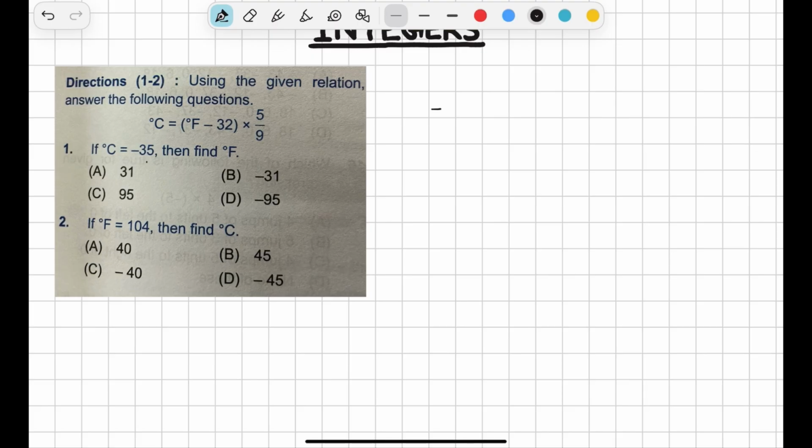So minus 35 is equal to degree Fahrenheit minus 32 into 5 by 9. So degree Fahrenheit minus 32 is equal to minus 35 into 9 by 5.